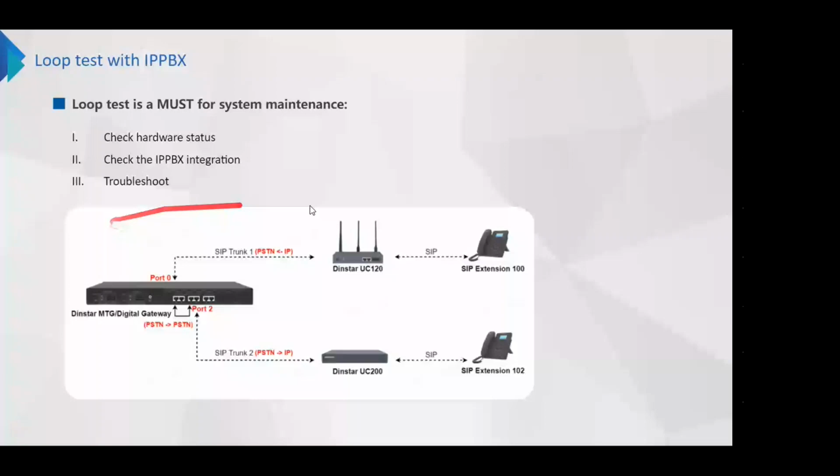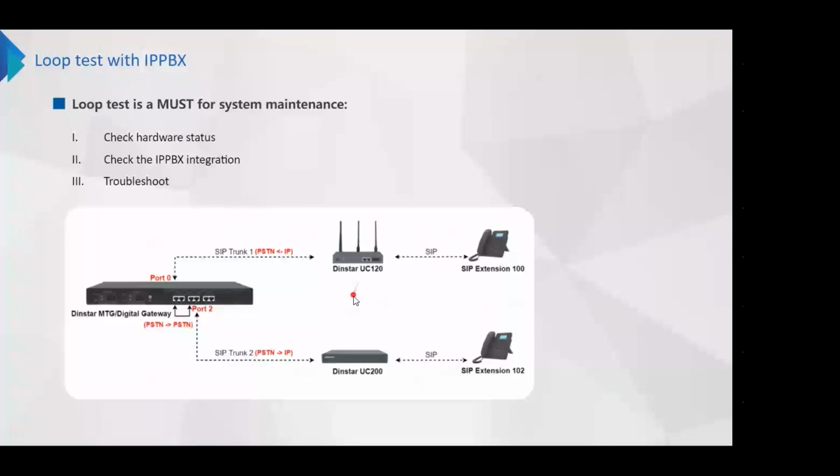So we offer one scenario: you can set up a loop test for testing purposes. Here you can see two E1 ports connected together by a physical cable, and we set up two UCs or PBXs for testing.